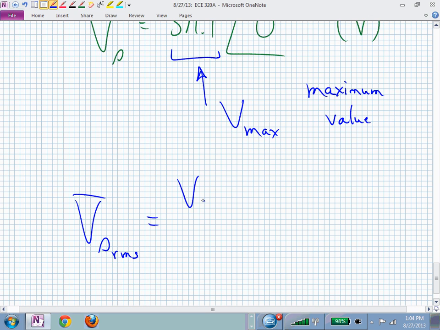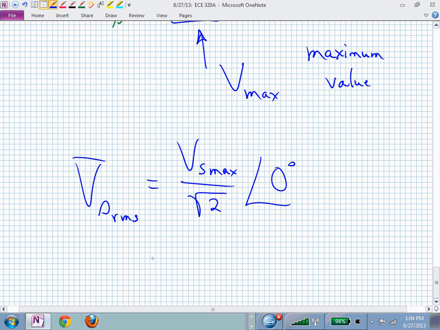That's now just going to be V sub S max over the square root of 2, and the angle hasn't changed. And if we do that computation, we end up with 220 volts RMS, and that sounds like something we might actually have in our house, powering our air conditioner or our dryer. It's not coming out of most of these generic outlets, but we do have the potential of a 220.